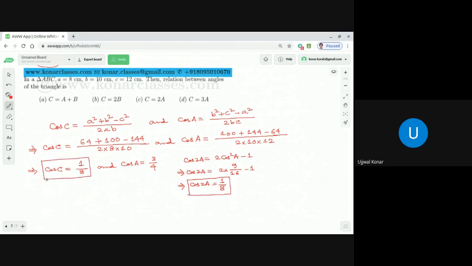So we get cos C is equal to 1 by 8 and cos 2A is also equal to 1 by 8. If we merge together, cos C is equal to cos 2A, which implies C is equal to 2A, dear students. And we get the correct option as C. I hope you got it, dear students.